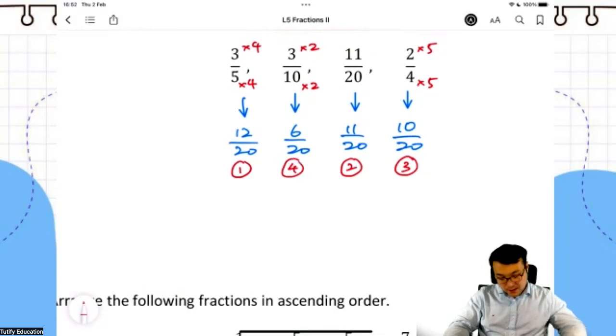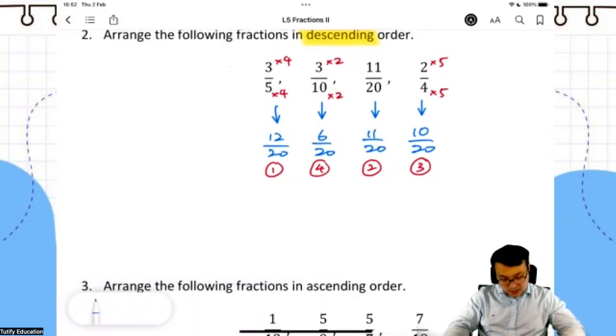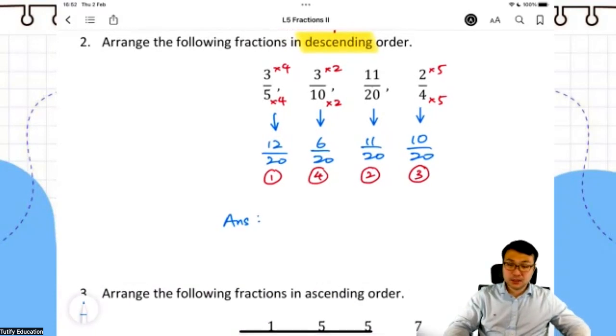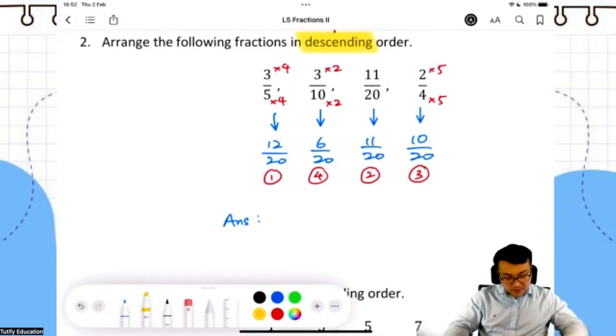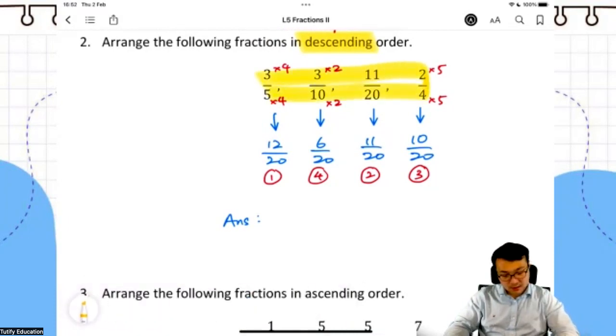All right. So when I write down the answer, I'm going to write the biggest first. Should I be writing 12/20? No, you can't, because the question is not asking you about 12/20. The question is asking you about all these fractions here. So we have to give our answer using those fractions.